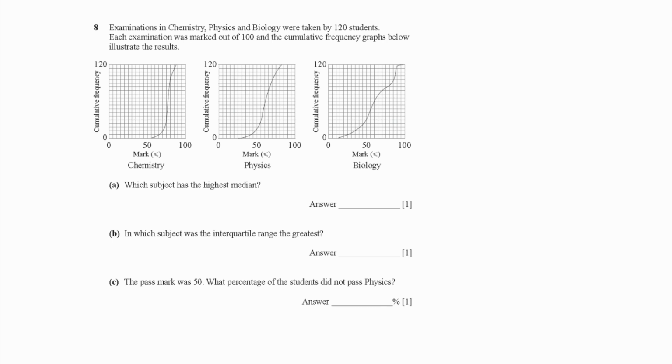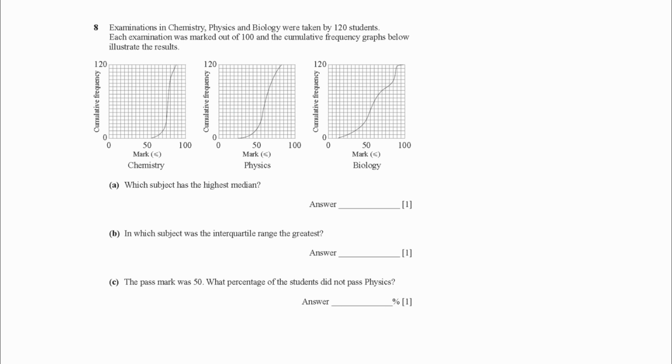Each examination was marked out of 100, and the cumulative frequency graphs below illustrate the result. So we have 3 different graphs in here for chemistry, physics, and biology, and we have the cumulative frequency on the vertical axis and the marks on the horizontal axis.